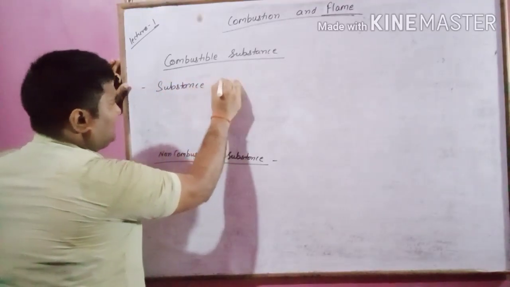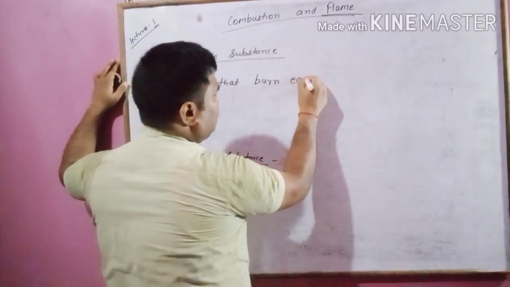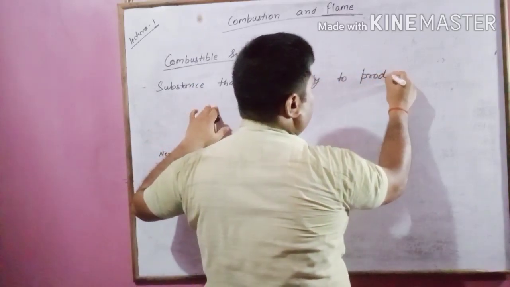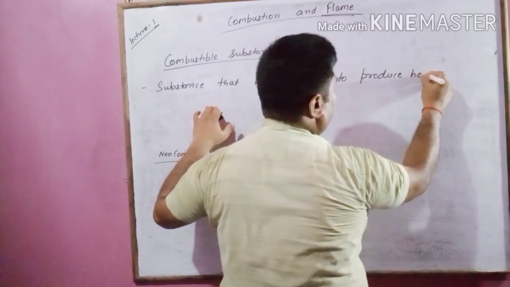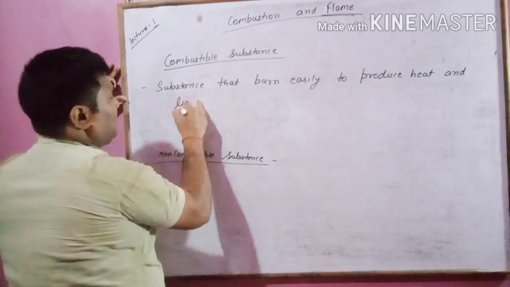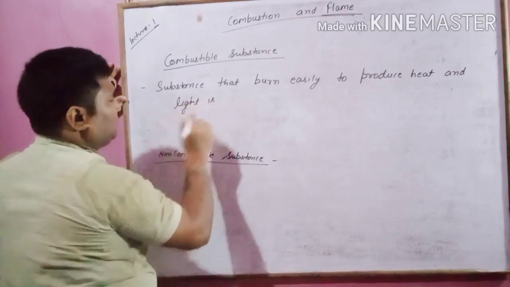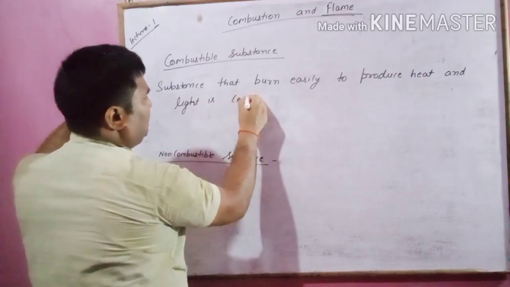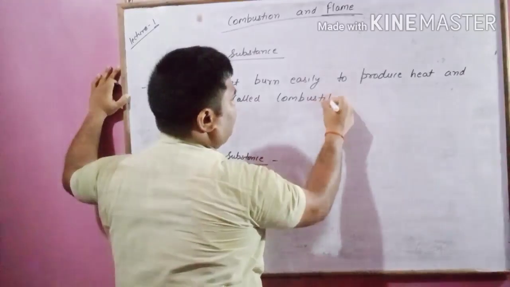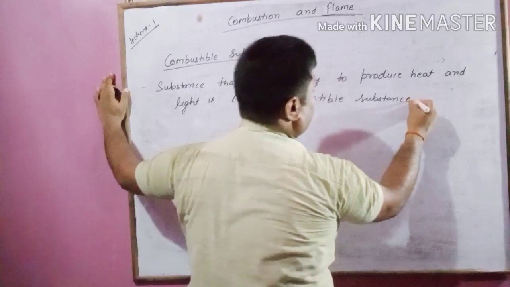A substance that burns easily to produce heat and light is called a combustible substance.